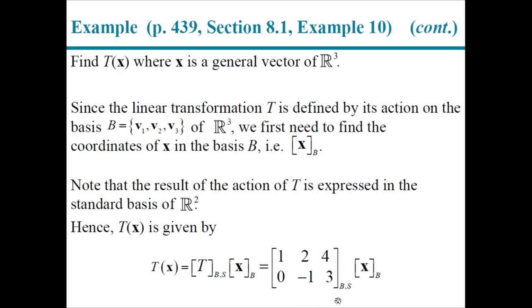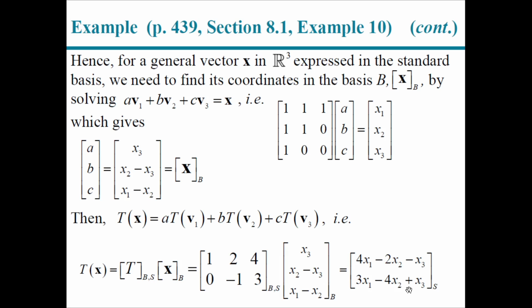This representation matrix works on coordinates, not on an object. As input it needs the coordinates of X in basis B. So the first thing I need to do is find the coordinates of X in basis B, and then multiply these two. As a result, I'm going to get the coordinates of the image in the standard basis. That's beautiful. So first thing, find the coordinates of X in basis B.